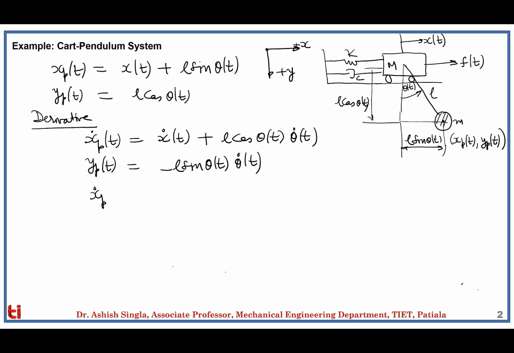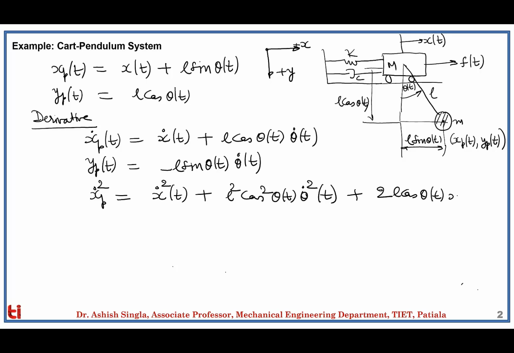So we have xp dot square is equal to x dot square plus L square cos square theta theta dot square plus 2L cos theta x dot theta dot, and yp dot square will give us L square sine square theta theta dot square.